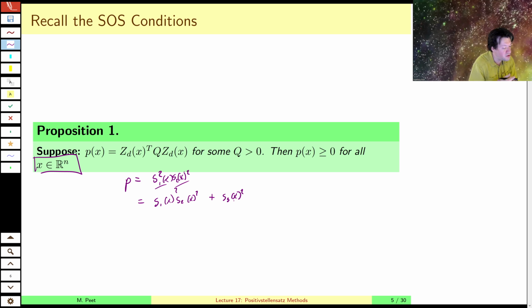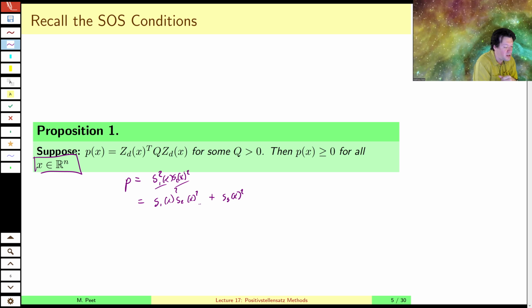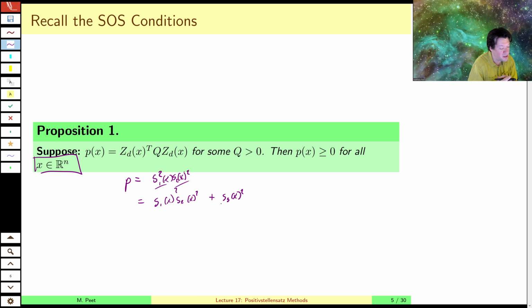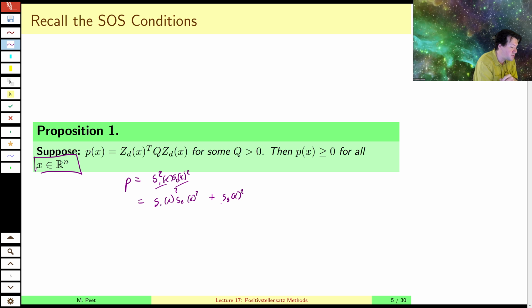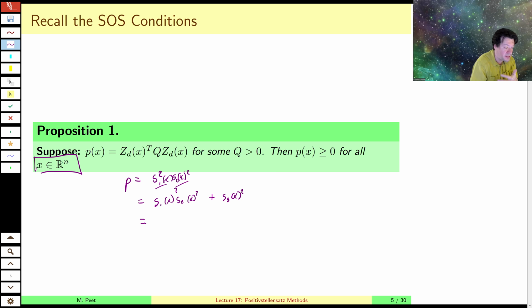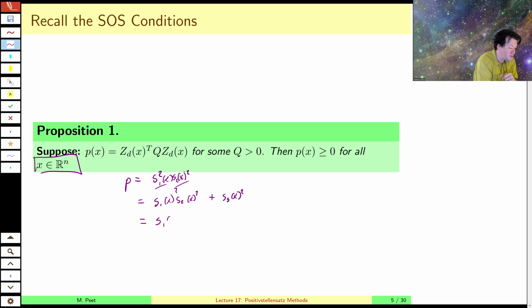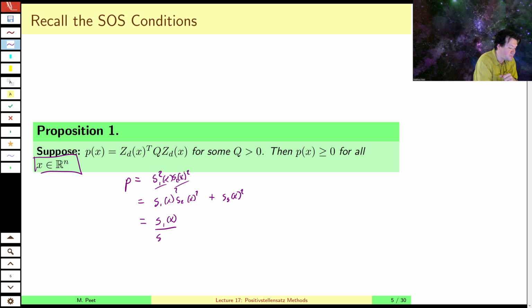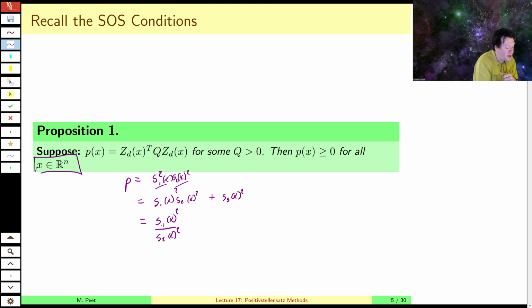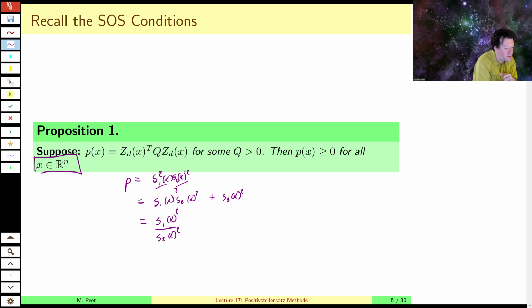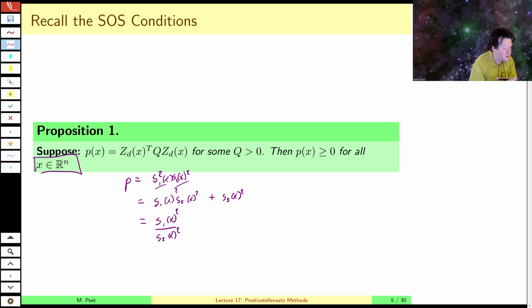Only two simple rules: products of positives are positive, and sums of positives are also positive. And then, of course, we have the third one, which we don't think about very much in this course anymore, which is that ratios of sums of squares are positive. If S is positive and you divide by a positive number, that's also positive.